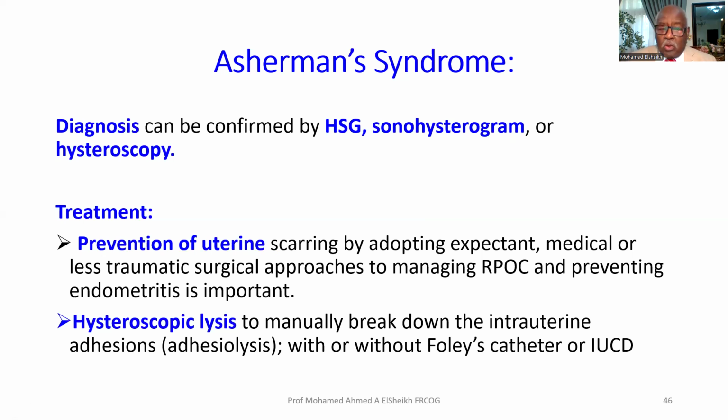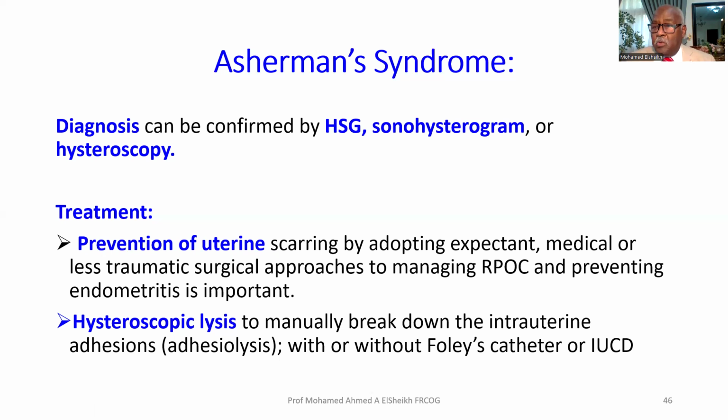Prevention of uterine scarring is by adopting expectant, medical or less traumatic surgical approaches to manage retained products of conception, and preventing endometritis. Then the curative treatment is hysteroscopic lysis to manually break down the intrauterine adhesions, adhesiolysis, with or without Foley's catheter or IUCD.